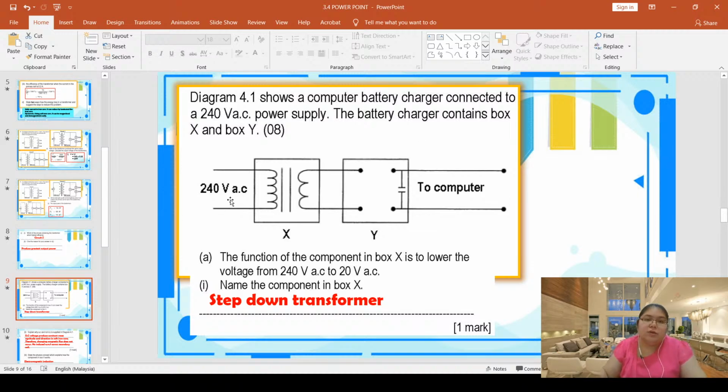So later the alternating current from the transformer, we need to change. Another thing, this transformer is a step down transformer because 240 is too large and our appliances cannot support it. So from here we need to use the step down transformer. Another component is one that converts alternating current to direct current.